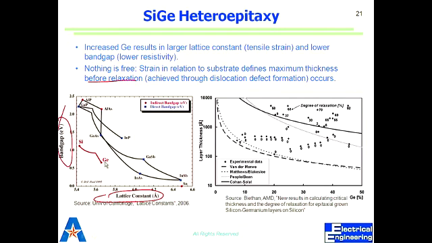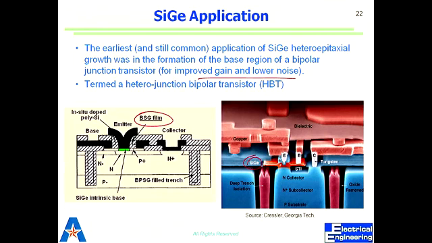So increasing germanium gives a larger lattice constant, which gives more tensile strain, and a lower band gap, which is ultimately low resistivity, high mobility. But there is always a cost to do that. So now you have to make it much thicker before it relaxes, before you really get to the region that is dislocation free. Right?